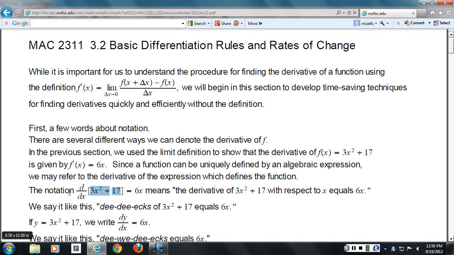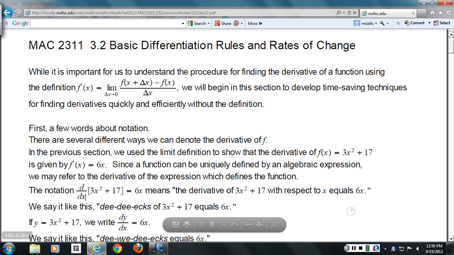So we say it like this. We put what looks like a fraction, d in what looks like the numerator, and dx in what looks like the denominator. And when we say that, we say d dx. We don't say d over dx, but d dx. This is what's called a differential operator, and it indicates the derivative of.